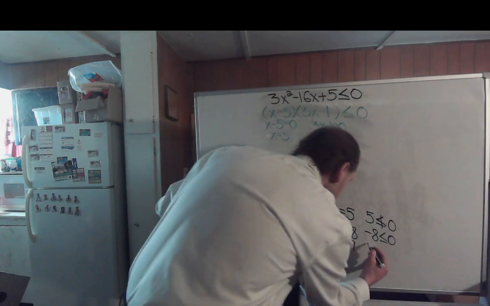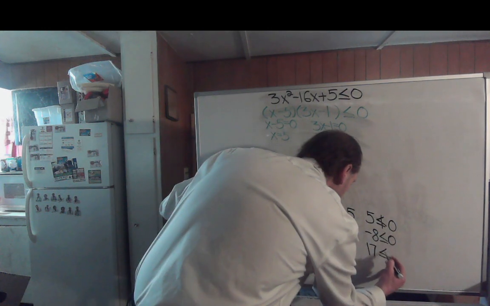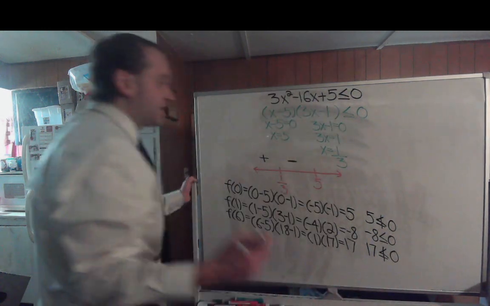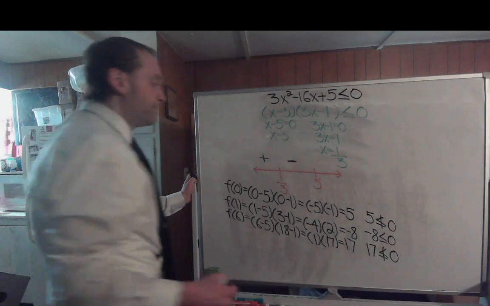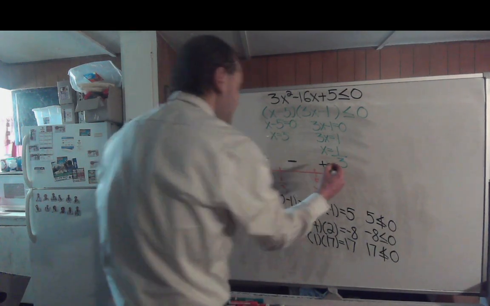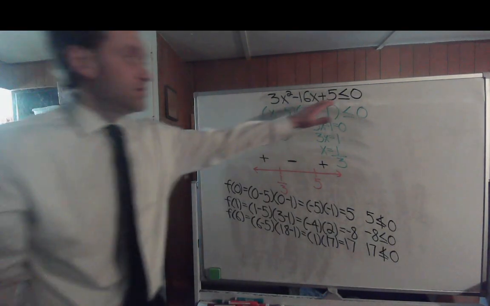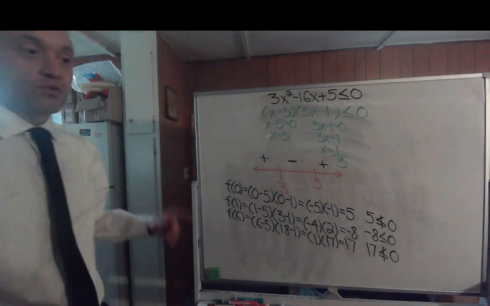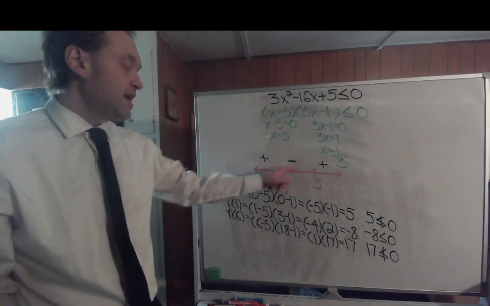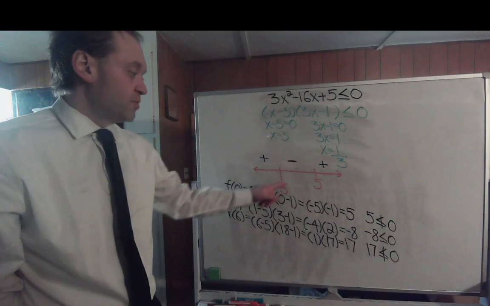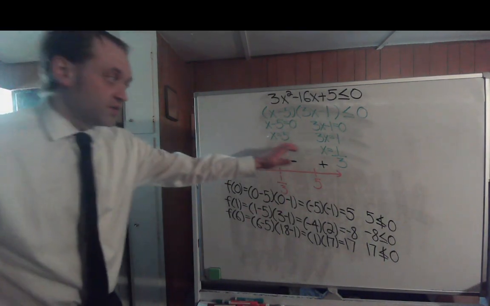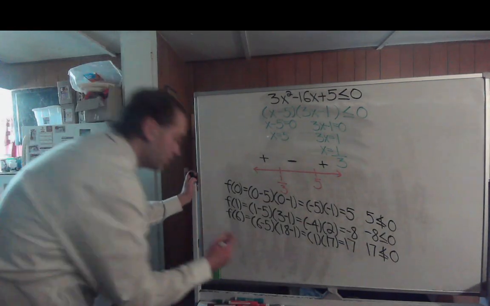Well, 17 is definitely not less than or equal to 0. It's actually greater than 0, so put a positive sign for that interval. Now, we're looking for negative solutions because it's less than or equal to 0. The only interval that satisfies that is from 1/3 to 5, both of those inclusive because of the equal part.